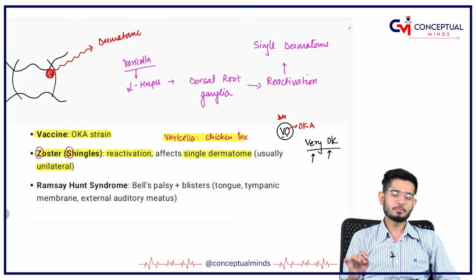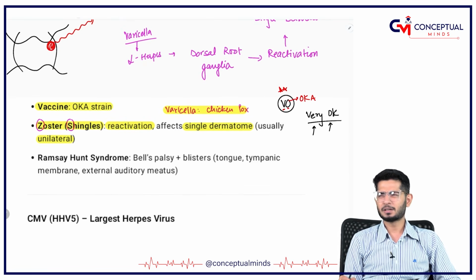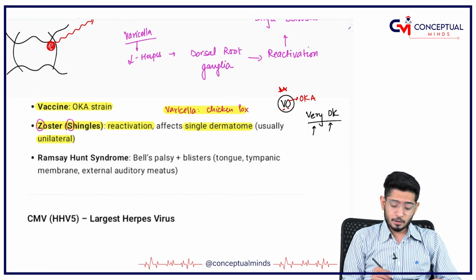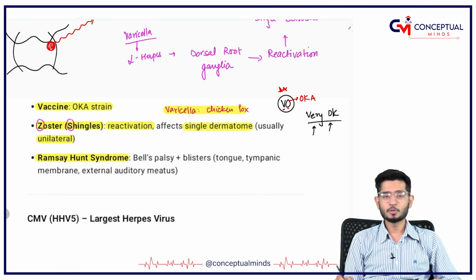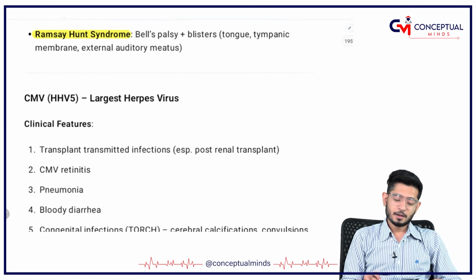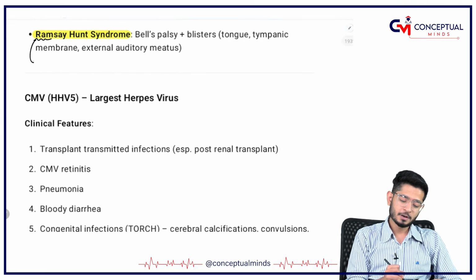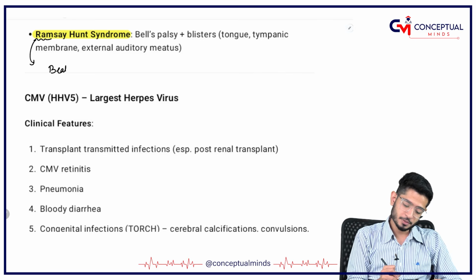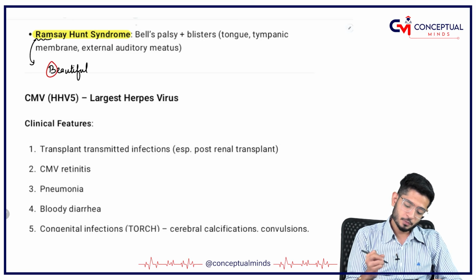One of the very known complications, I think if I am not wrong, Justin Bieber had Ramsay-Hunt syndrome. What is this Ramsay-Hunt syndrome? Remember Ramji, Lord Ram has a beautiful story, so B is important in that. What is B?